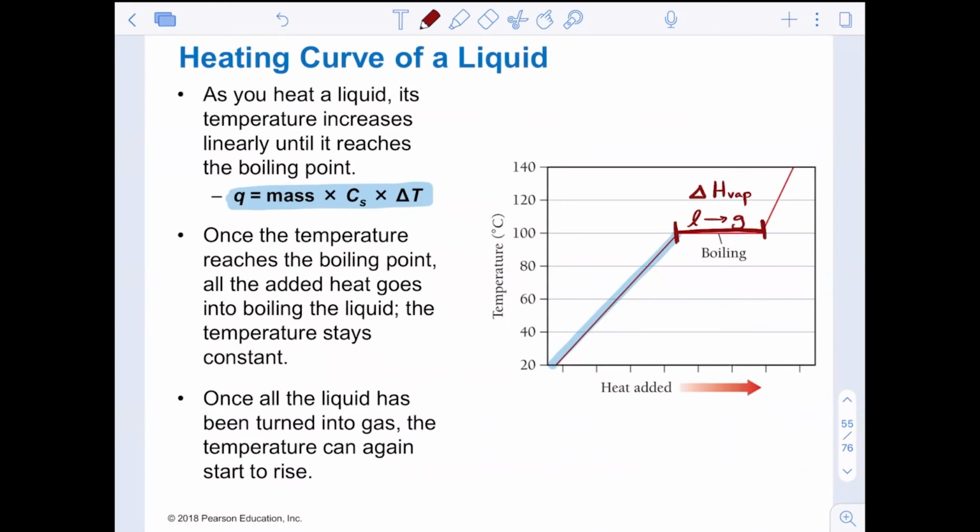It will be getting to overcome the intermolecular forces from the liquid to the gas. Once we get into the gas phase, again, we start to see that trend going linearly up. We can use calorimetry again. Specific heat is different for gases as it is for liquids, so you might have to change that specific heat. But again, we can look at this overall heat added for a phase change and calorimetry experiment, which is really, really exciting.